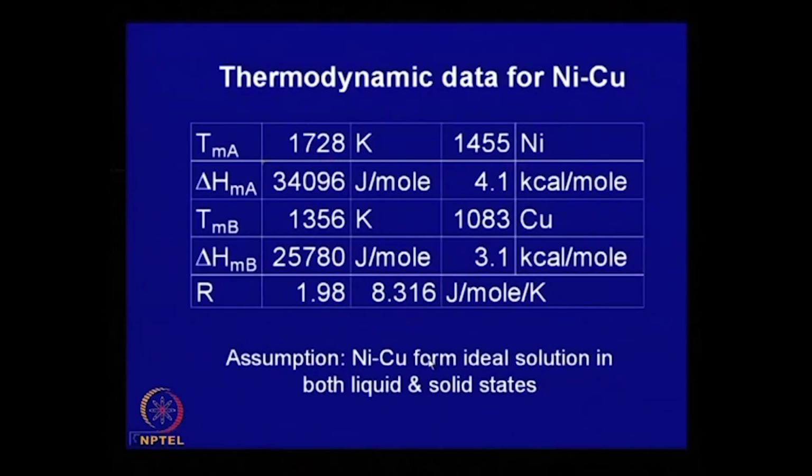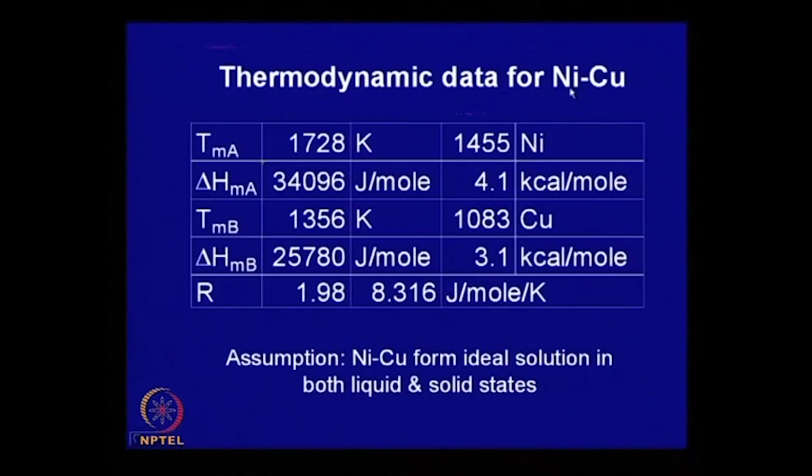Now, we used the principles of thermodynamics, because thermodynamics is the basic science which deals with equilibrium, and using certain thermodynamic data, we calculated the phase diagram for an isomorphous system.